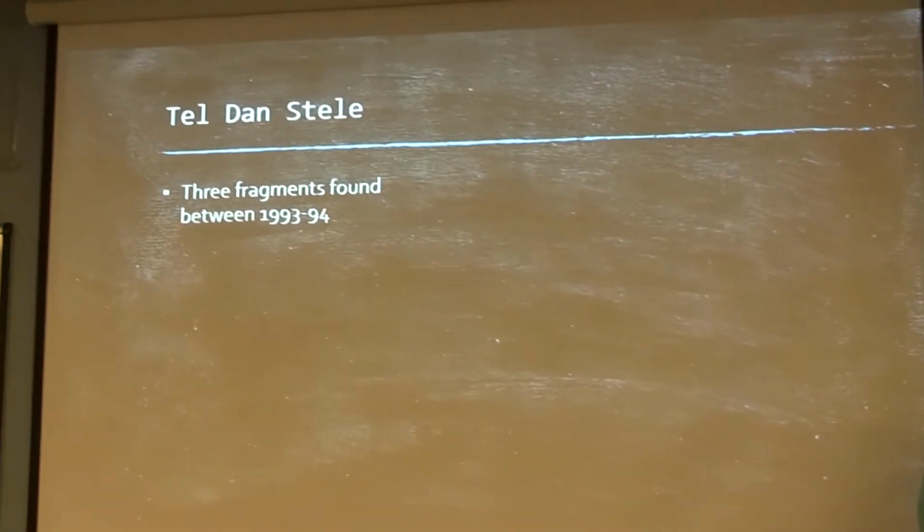The Tel Dan Stele is a fancy term for a monument, and the Tel Dan Stele was found at Tel Dan during the 1993 and 1994 dig seasons, and it is an incomplete monument. We only have 3 fragments of varying sizes, and overall, it's generally not that big.